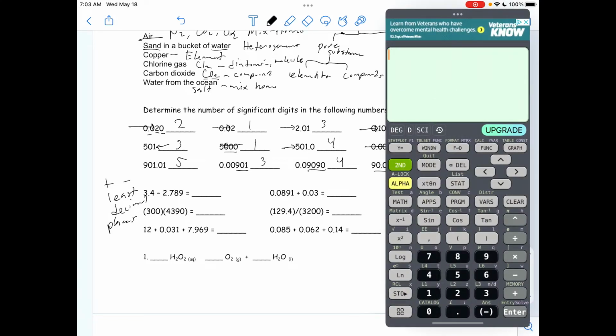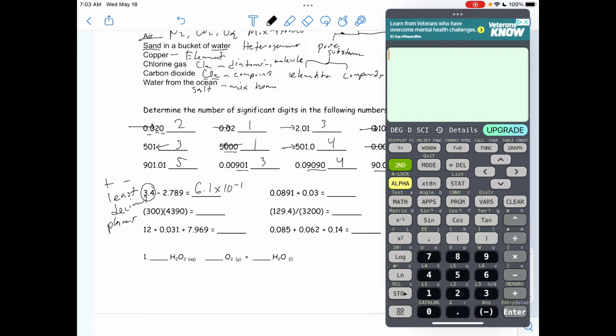So notice here, 3.4 minus 2.789 gives us this really big number, 0.611. But since this number only has one decimal place, our answer can only have one decimal place. So I'm going to round it to one decimal place: 6.1 times 10 to the negative 1, or 0.61 would also be fine.